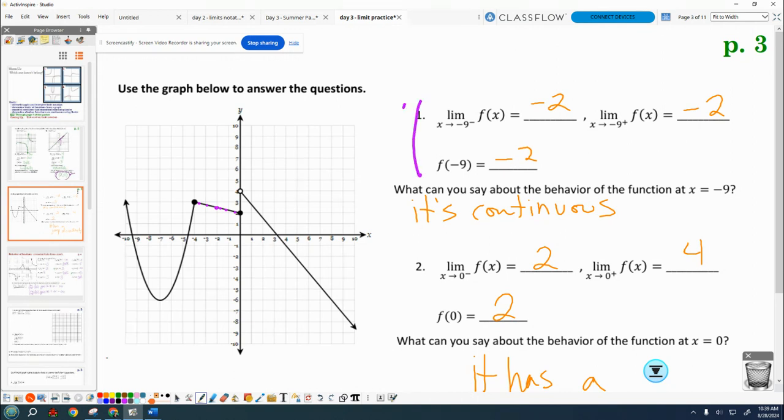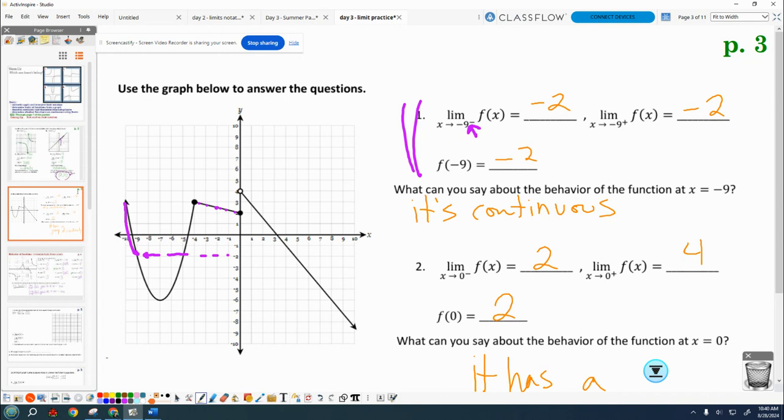So answering number 1, as we approach negative 9 from the side that has negatives, so that's over here on the left, I'm going to follow till I get to about where x equals negative 9. Where is the y value? It appears to be negative 2. Are we okay with that idea? Eleanor, yeah? Cleo, yeah?